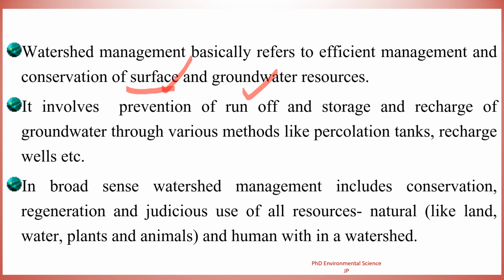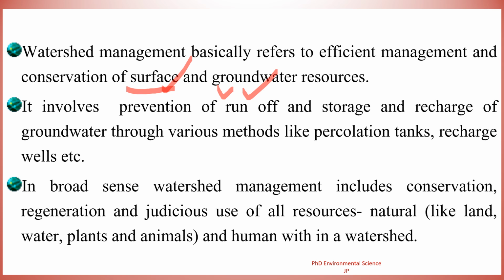For groundwater, it focuses on the storage and recharge of groundwater supplies. Groundwater is replenished through natural processes like precipitation and infiltration. Effective management ensures sustainable extraction and prevents issues like over extraction and contamination.